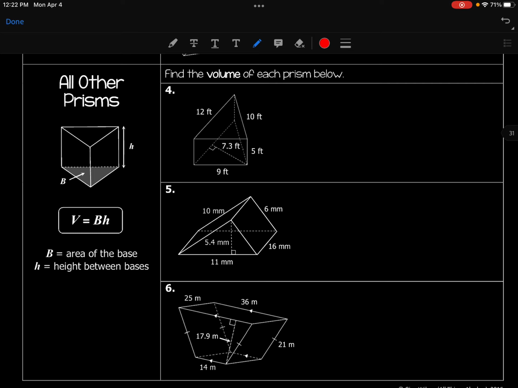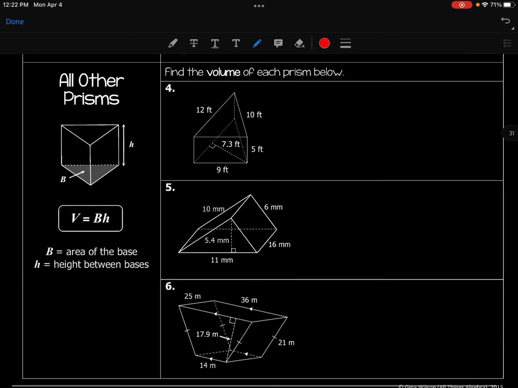Next, we're looking at all other prisms. Now, in order to find the volume of a prism, first you need to find the area of the base. And then you need to multiply that by the height. For instance, let's look at the first problem. We have a triangular prism.